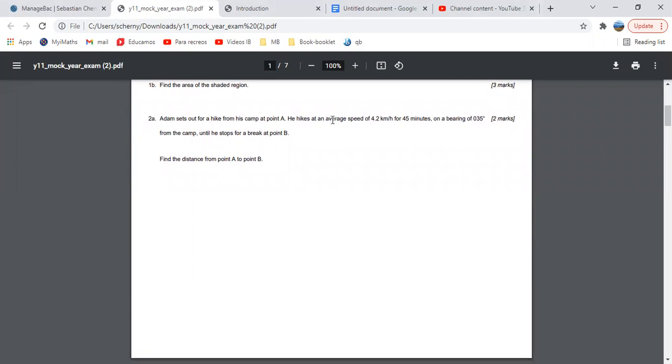So if he hikes at this average speed for 45 minutes, then we just have to do a simple rule of three, I don't know how to say it in English. If we think that Adam in 1 hour, so 60 minutes, does 4.2 kilometers on average, this doesn't mean that every 60 minutes he does 4.2 kilometers.